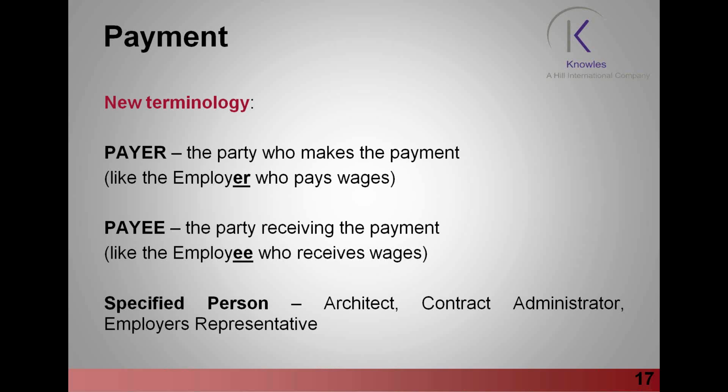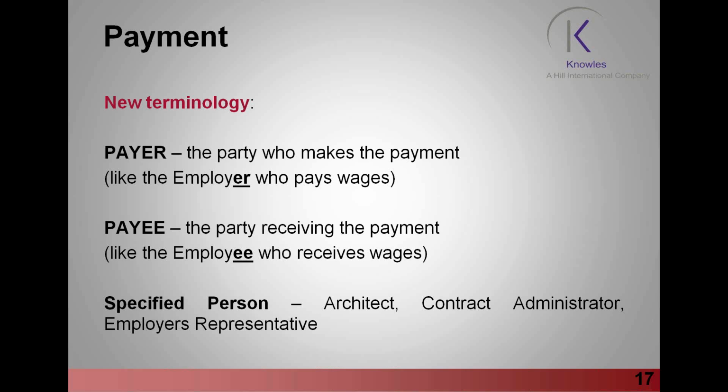Now the specified person could be the architect, contract administrator, employer's representative, or indeed if you're on an NEC style contract, this could be the project manager. So throughout the next section, keep remembering payer makes payment, payee receives the payment, and a specified person basically is the person who's responsible for administering the contract.